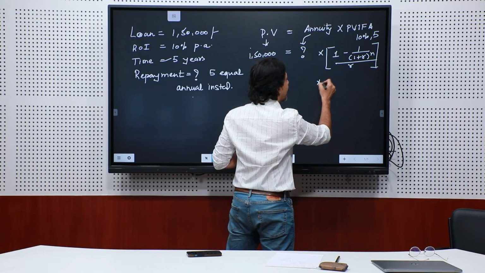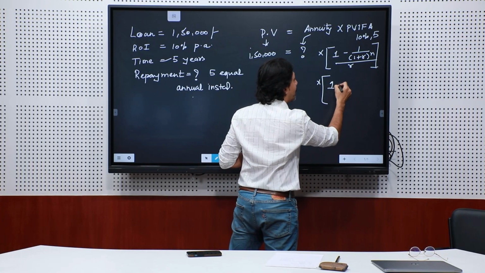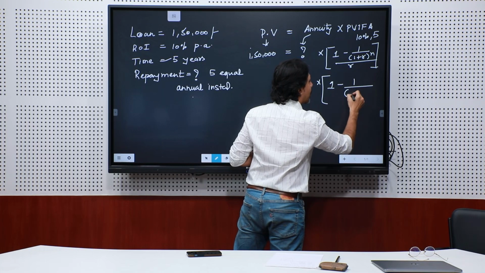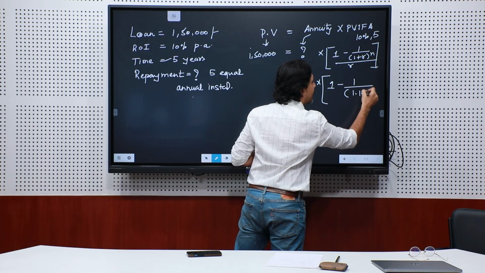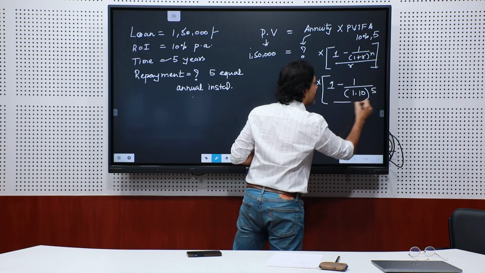So, this formula is 1 minus 1 upon 1.10 raised to 5, the whole divided by 0.10.